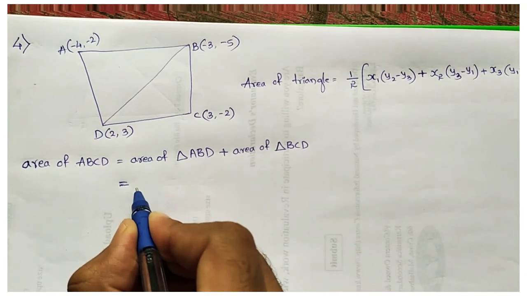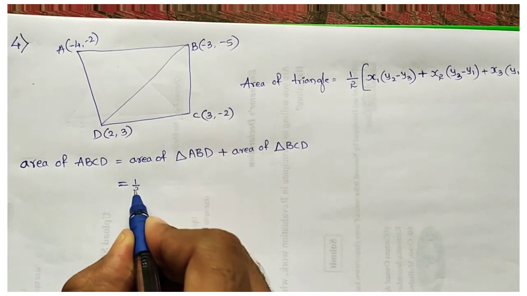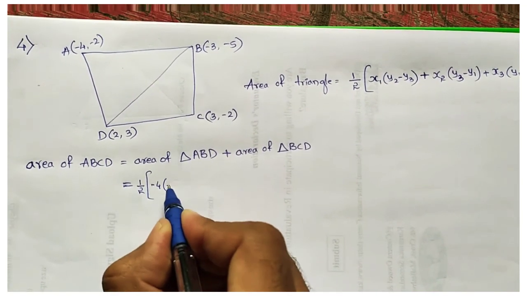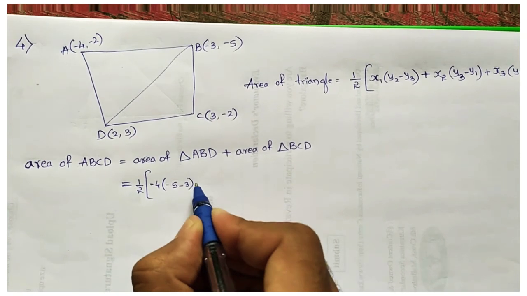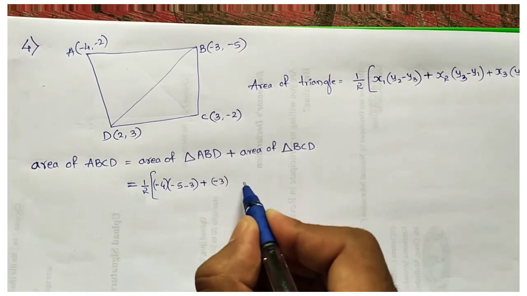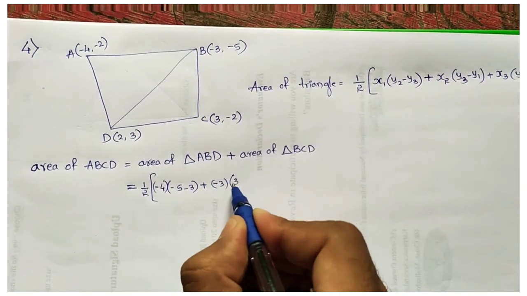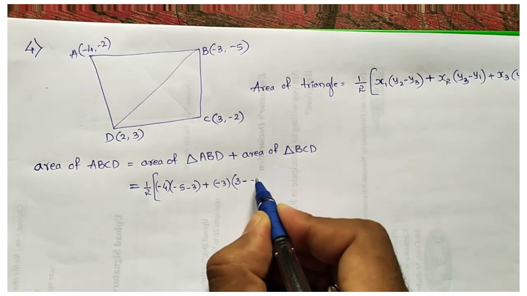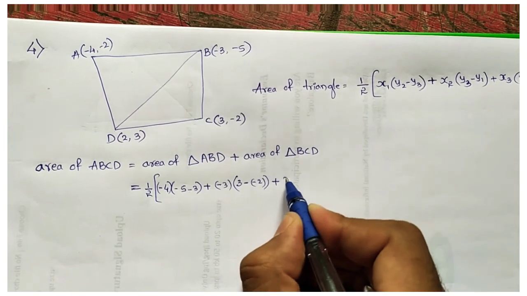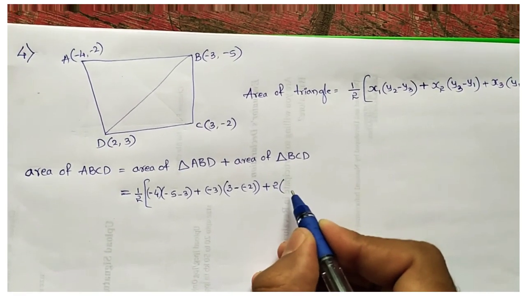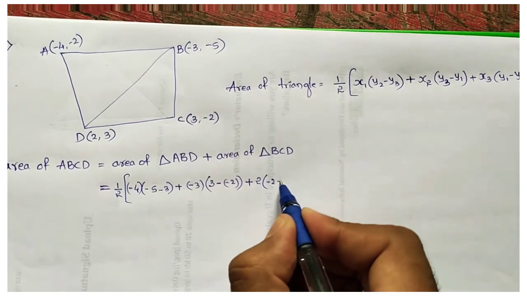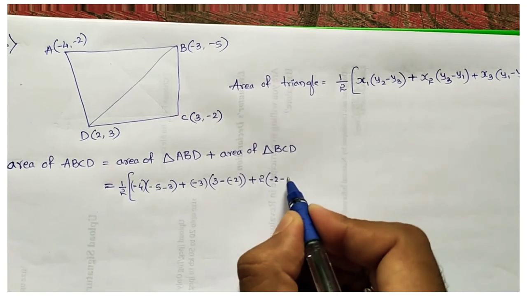So area of triangle ABD, here we will get 1 by 2, x1 will be -4, y2 will be -5 minus 3, plus x2 will be -3, y3 will be 3 minus y1, which is minus of -2, plus x3 will be 2 and y1 is -2 minus y2, which is minus of -5.